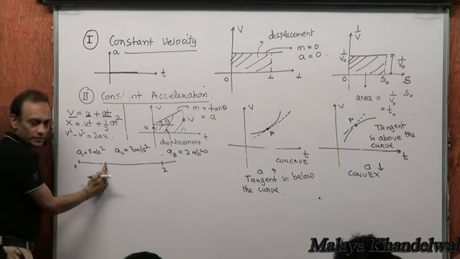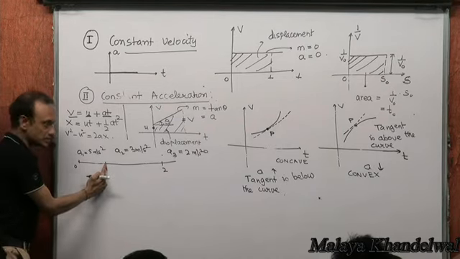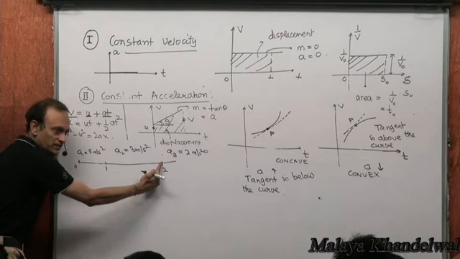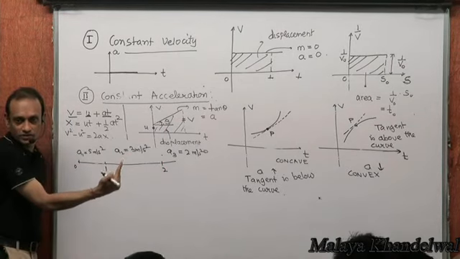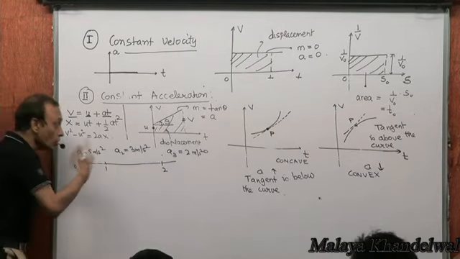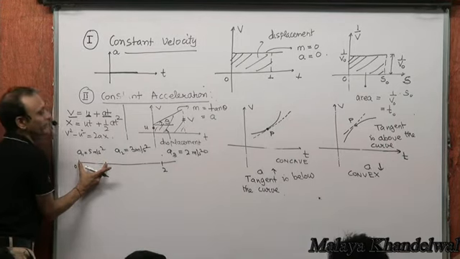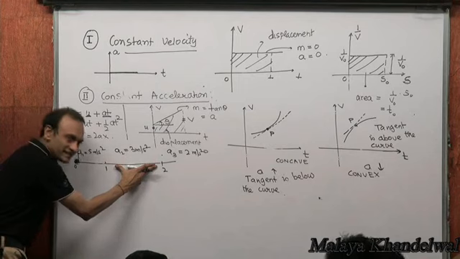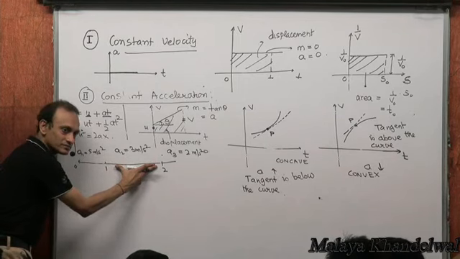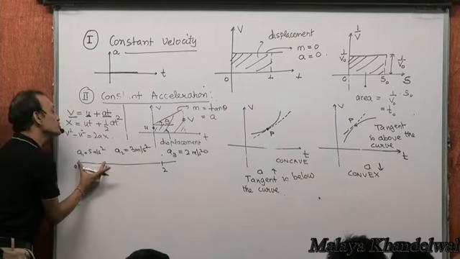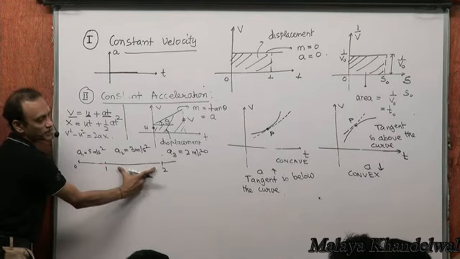From here to here, will there be an increase in velocity? Yes, because there still is an acceleration. Although, in this 1 second, the increase in velocity will be more than the increase in velocity here, because it has lower acceleration. So the change in velocity here will be more than the change in velocity here.